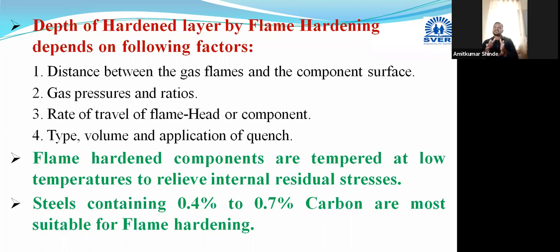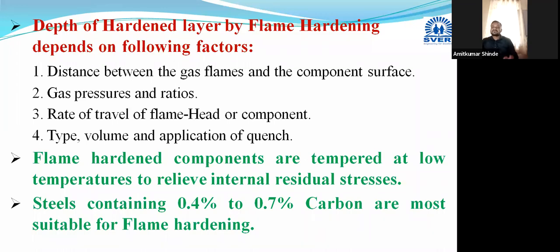Now, from the application point of view, steels containing 0.4 to 0.7% carbon are most suitable for flame hardening. You can do flame hardening on medium carbon steel. And what care you have to take? As we are heating in a very high temperature zone and suddenly quenching in water, a very high amount of internal or residual stresses will get created.